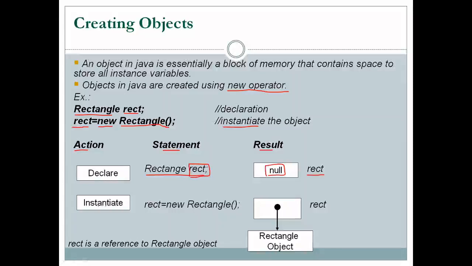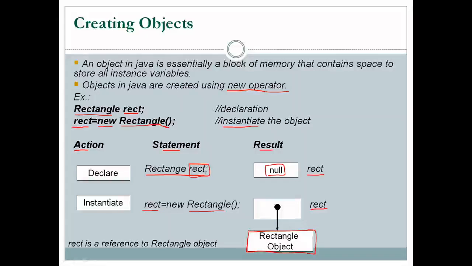Then second is instantiation, that is the object name rect equals new Rectangle, again the constructor, or you can say for now the class name. When you use the new operator at the time of instantiation, earlier rect was null, but now rect is pointing to a memory location, and this memory location is for the Rectangle object.